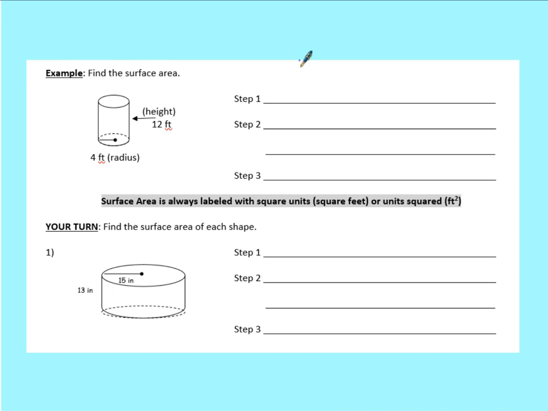In our last example, it asked us to find the surface area, and this time we're finding surface area of a cylinder. So surface area of a cylinder, remember, is 2 pi r squared. That's the two circles, the top and the bottom, plus 2 pi r h, that's like the edge around it, like the label of the soup can would be. So we have surface area equals 2 pi r squared plus 2 pi r h.